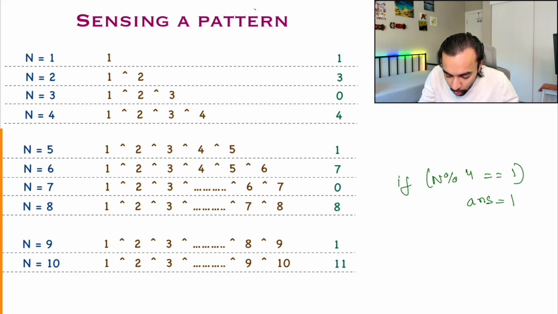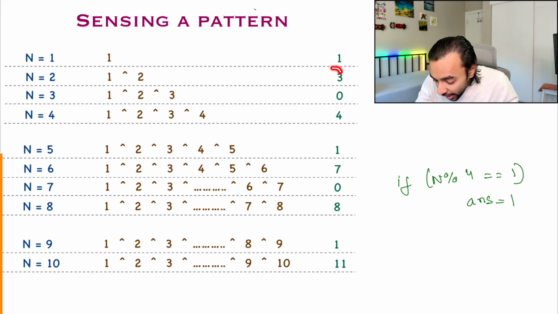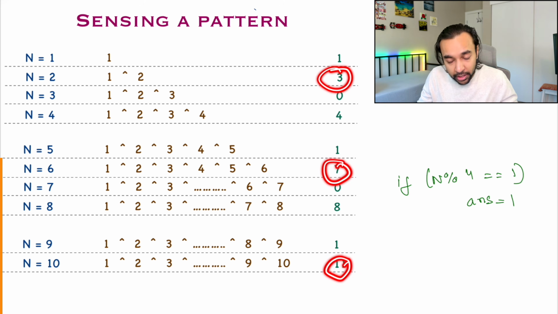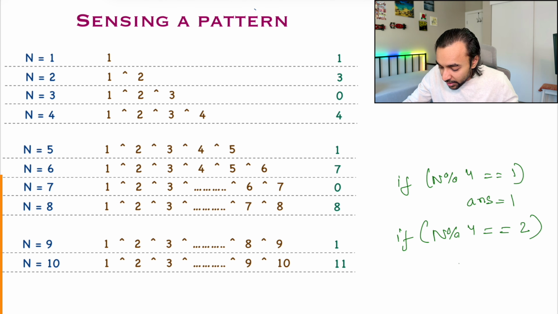Similarly, check out what happens when the value of n equals 2, 6 and 10. Basically, n modulo 4 is equal to 2. What is the answer in that case? Check it out. The answer is always n plus 1. So if n modulo 4 is 2, then your answer equals n plus 1.